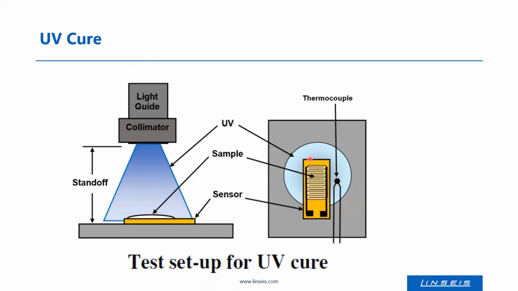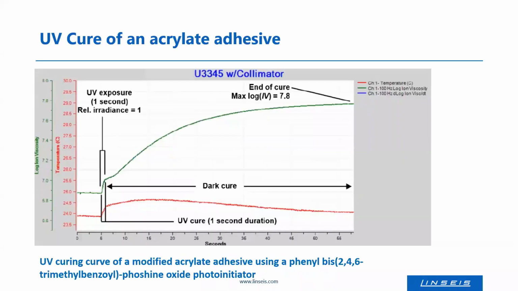Next to your sensor, you can place a thermocouple to monitor not only the ion viscosity, which shows you the curing stage, but also the temperature evolved in the reaction. A typical measurement example shows an acrylate adhesive. So you have here a UV exposure time of 1 second.